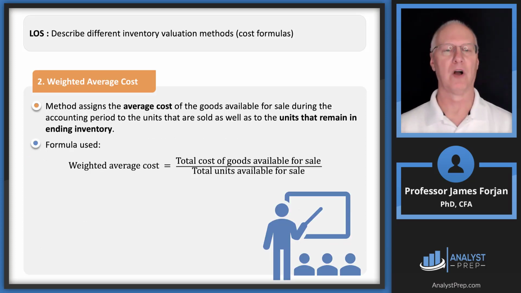Now, weighted average cost, this on the surface looks like a super easy calculation. There's the formula: total cost of goods available for sale divided by total units available for sale. So what this does is give us a sense of what those input prices are over time, and then we kind of take an average.